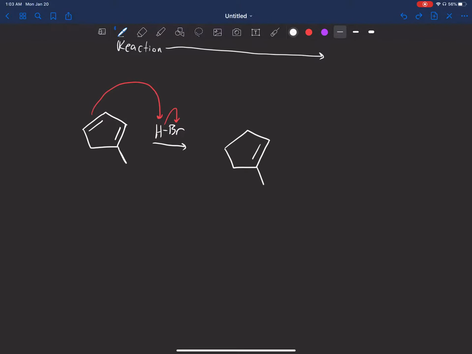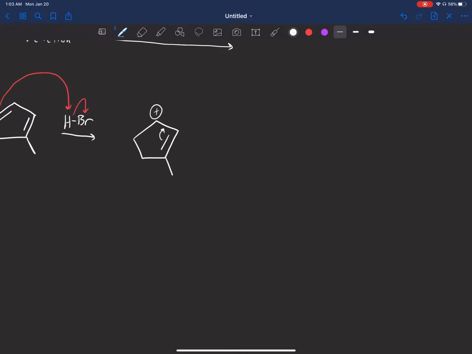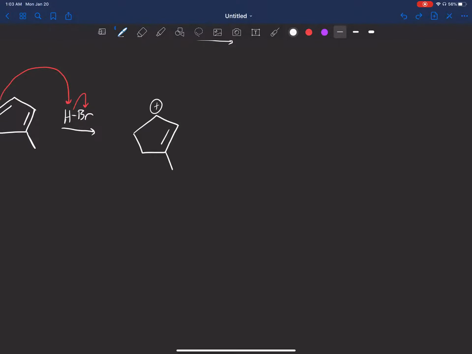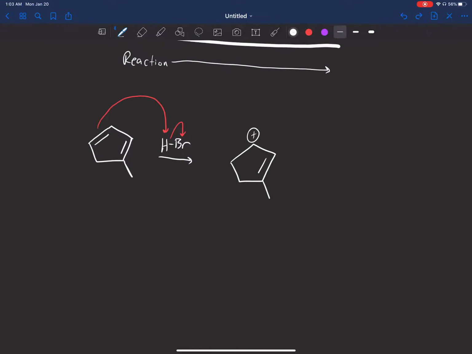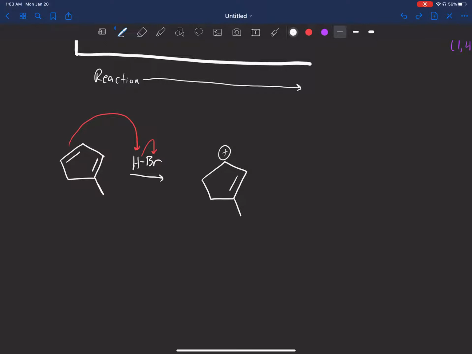So if we picked to form the carbocation here, this double bond is now too far away to resonate. If I put the carbocation there, I can resonate this double bond over and shift the carbocation. This must happen. You always need this. So whenever you're figuring out where to put the carbocation, you want to put it in the position of resonance.